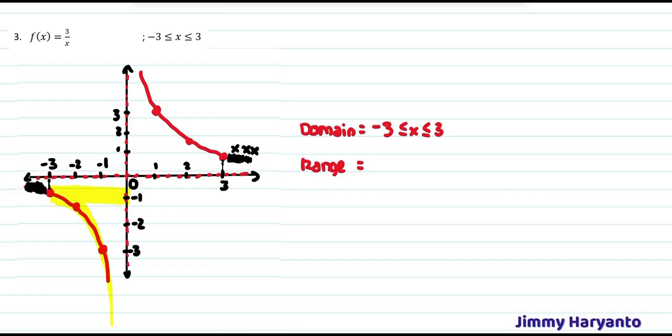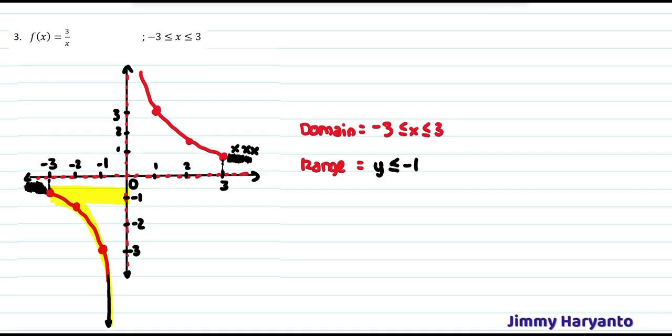Let's say it can be until negative 100, negative 1000, negative 1 million, because it will be going down infinitely. That means the range will be y less than or equal to negative 1. Yeah, it will be decreasing infinitely.